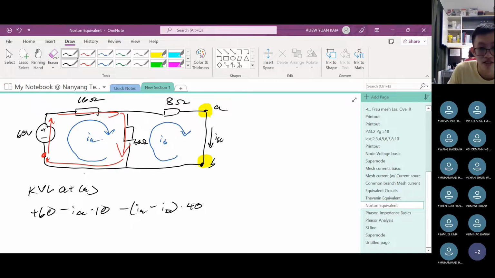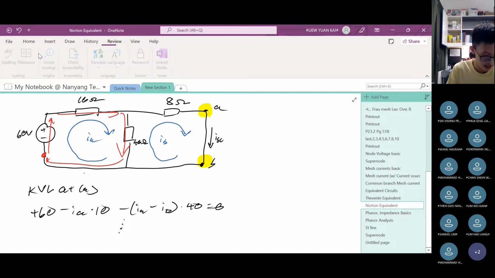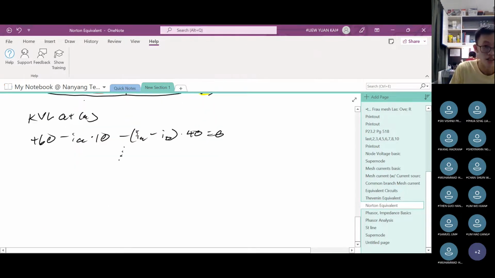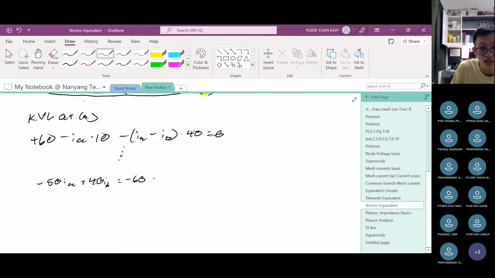So equated to 0. Expand and simplify, you should get minus 50 IA plus 40 IB equals to negative 60. So this is your first equation.